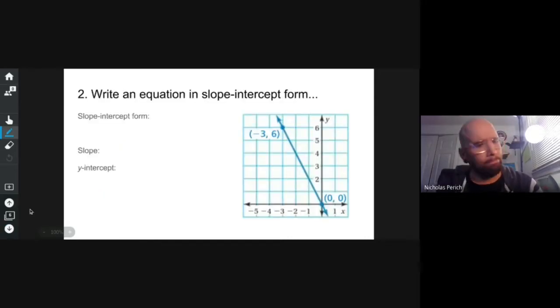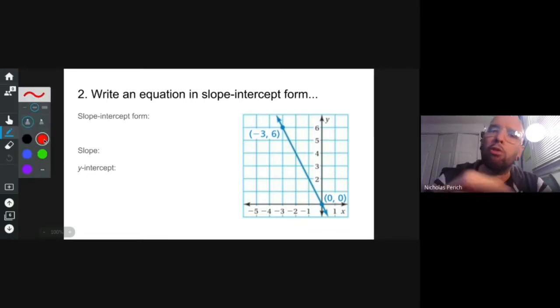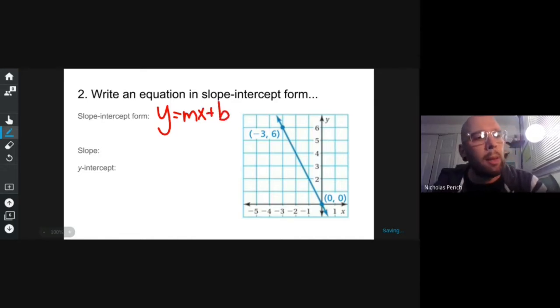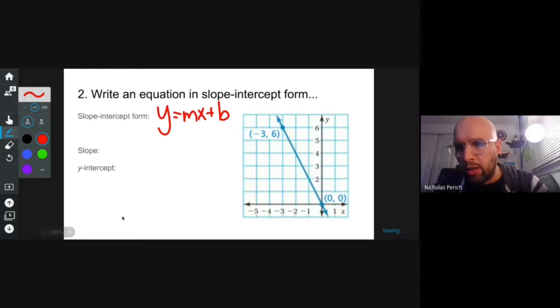All right. Let's do another one. What is slope-intercept form? Slope-intercept form is in the form y equals mx plus b. Let me see. Do I have 2 points? I do. My slope is going to go from whatever point I want to.